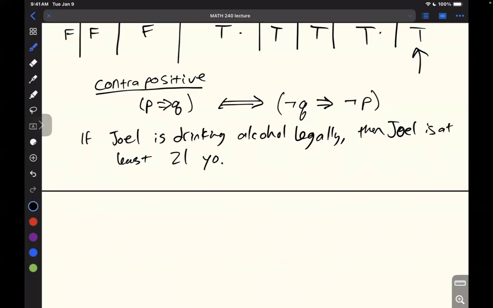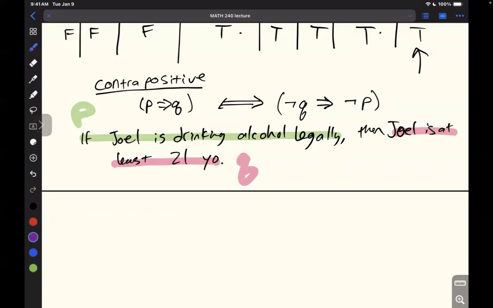So this is our proposition. Let me highlight this. This is P: Joel is drinking alcohol legally. And this is Q: Joel is at least 21.